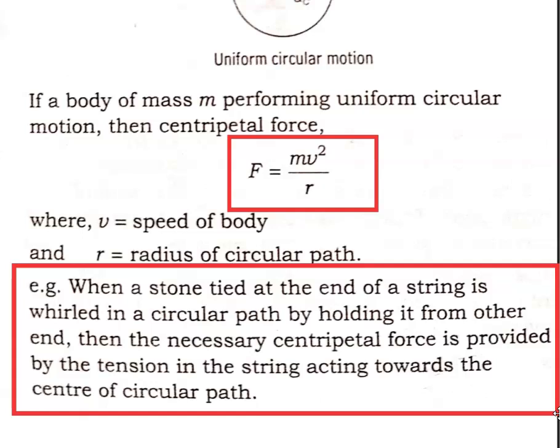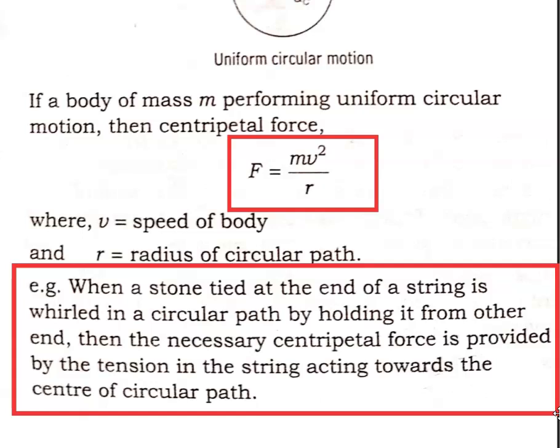For example, there can be a question about rotation of planets around the sun. So the planets are in a circular motion, so obviously there is some centripetal force acting on the planets. Where does the centripetal force come from? That centripetal force acting on the planets is provided by the gravitational force of the sun, and the direction of that centripetal force is always towards the center of the circle, that is in the direction of the sun.